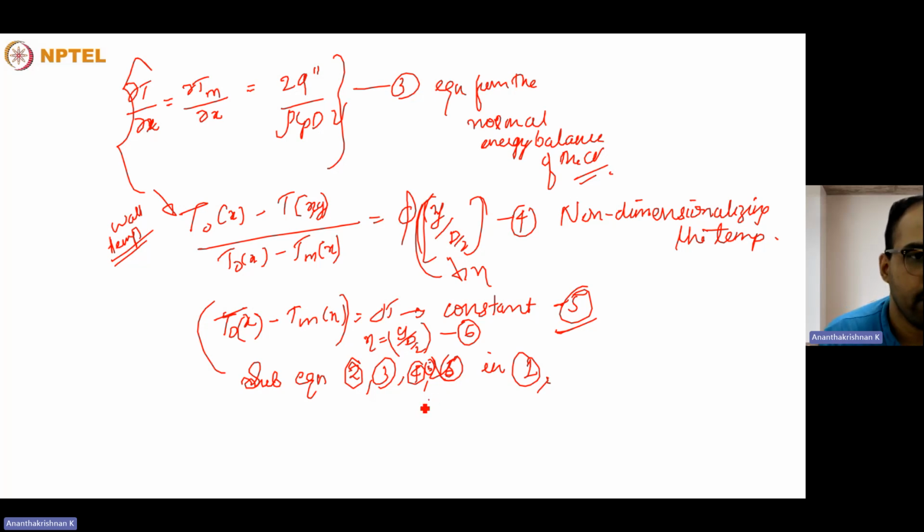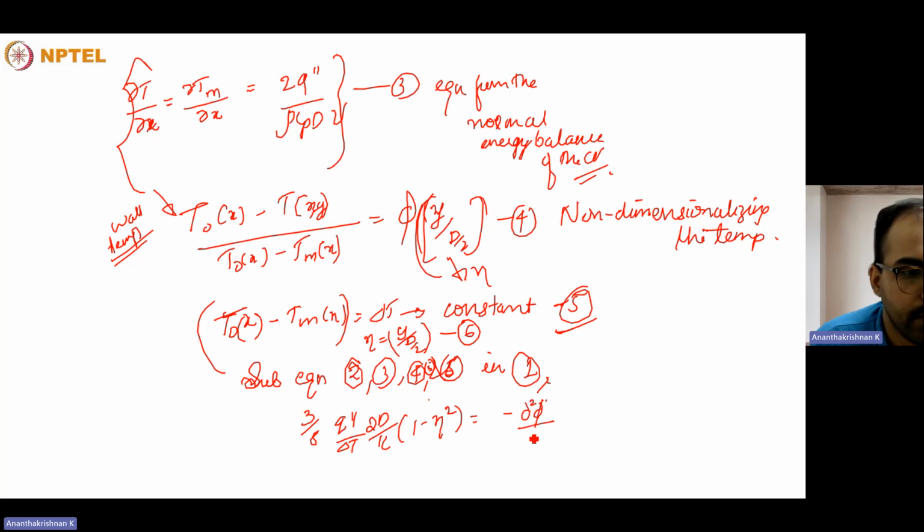Substituting all these parameters, the x momentum equation will be equal to 3 by 8 q double dash divided by delta t 2d divided by k into 1 minus eta squared, equal to minus dou squared phi divided by dou eta squared.